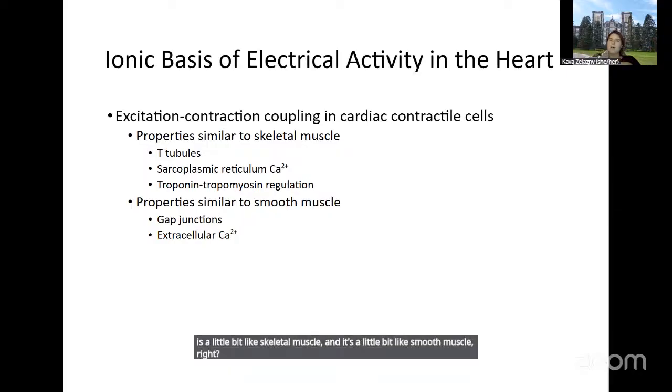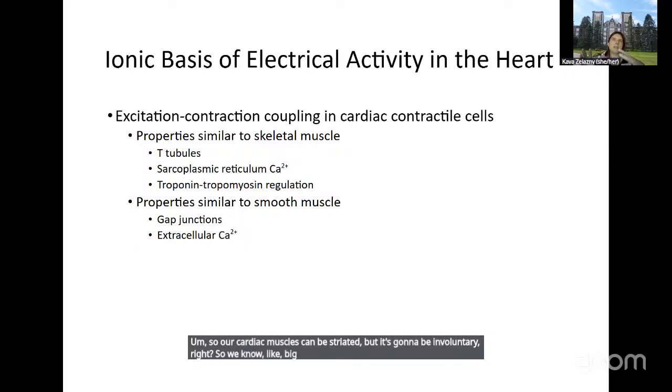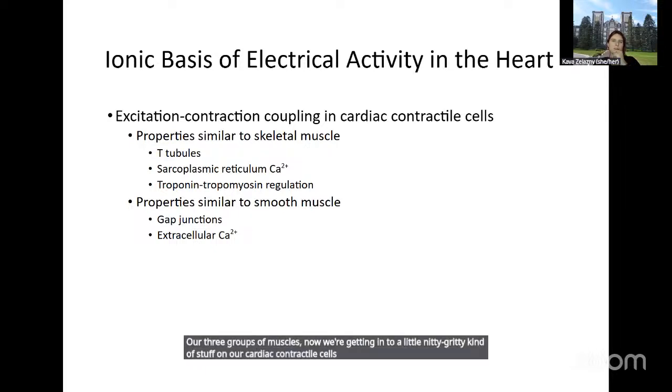Our cardiac muscle is going to be striated, but it's going to be involuntary. So we know, big picture, some things are different between our three groups of muscles. Now we're getting into a little nitty gritty on our cardiac contractile cells, our cardiac muscle.